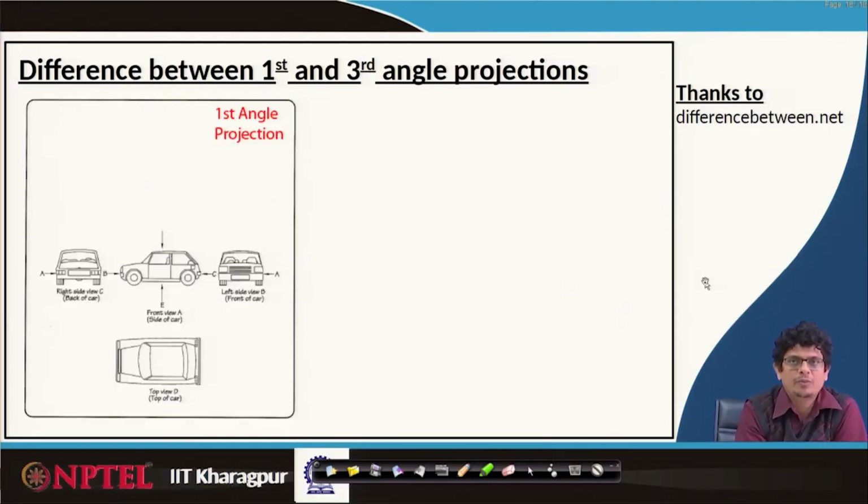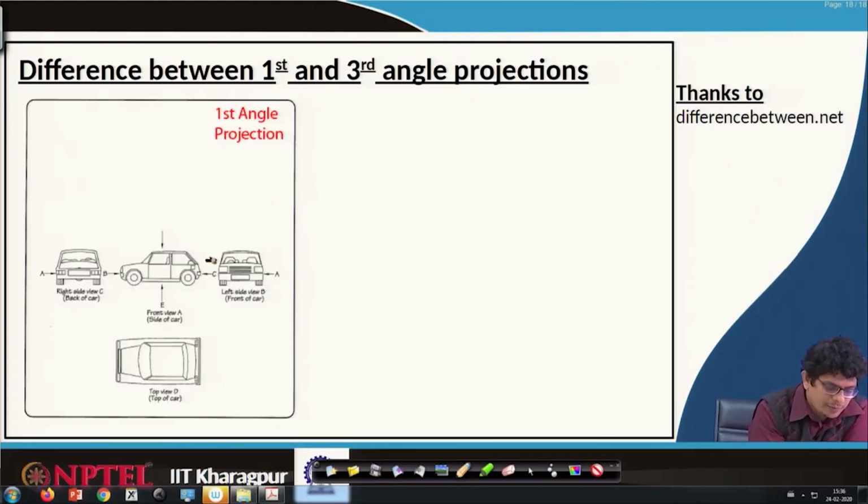If we are looking from the right side towards the left side, that view is what we call the right side view. The right side view from this direction onto a plane, we have to get. Whatever things we are going to project, this part will be visible, this part is non-visible.